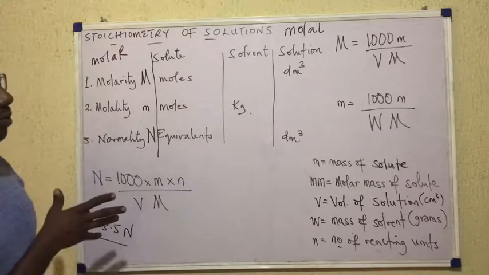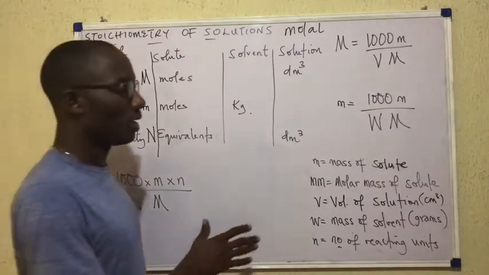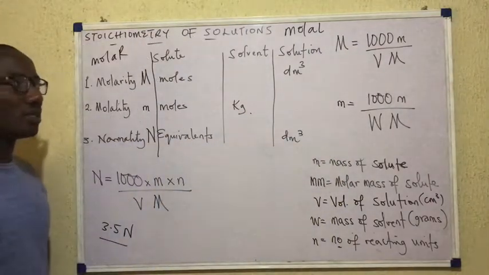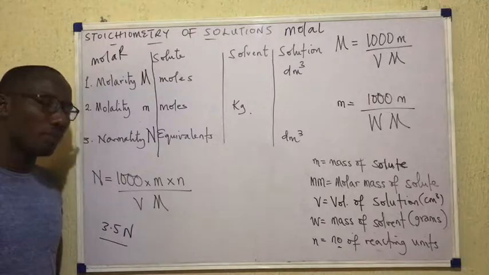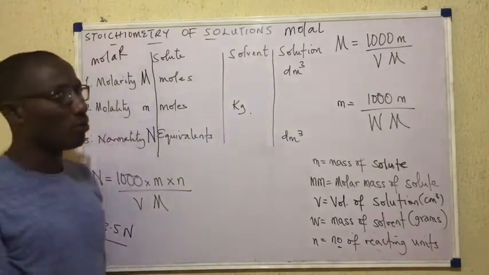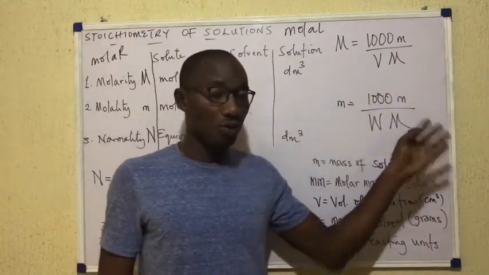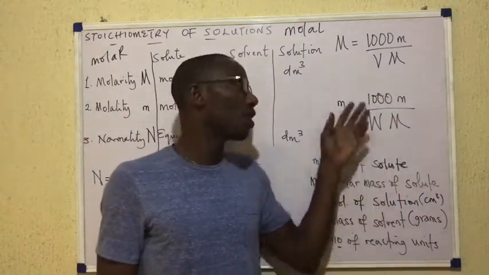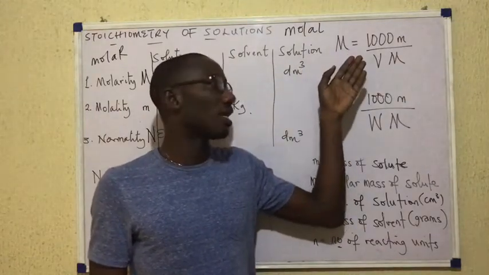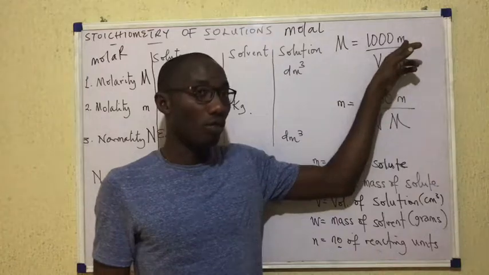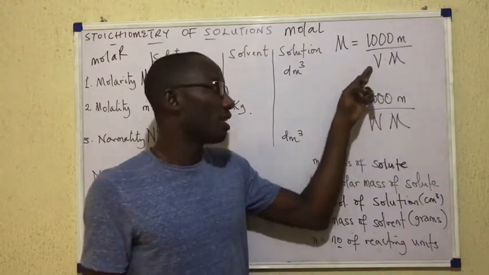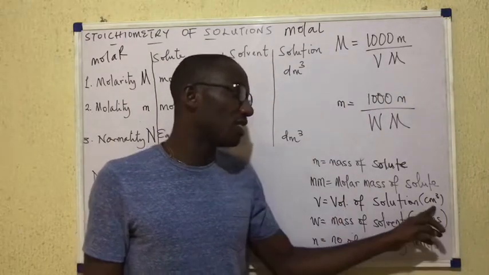Having said so, the next thing I would like to show you is mathematical expressions for molarity, molality, and normality. These are 3 expressions. That one there is a formula for molarity. For most solutions you will encounter in exams, the molarity would easily be calculated as 1000 times the mass of the solute, where small m is the mass of solute, divided by the volume of solution in cm cube.